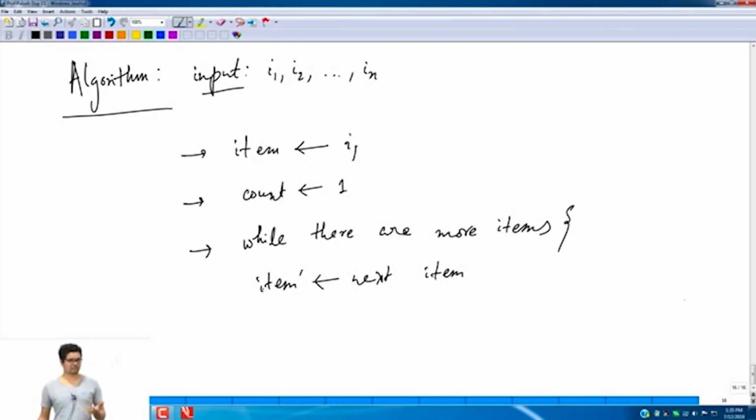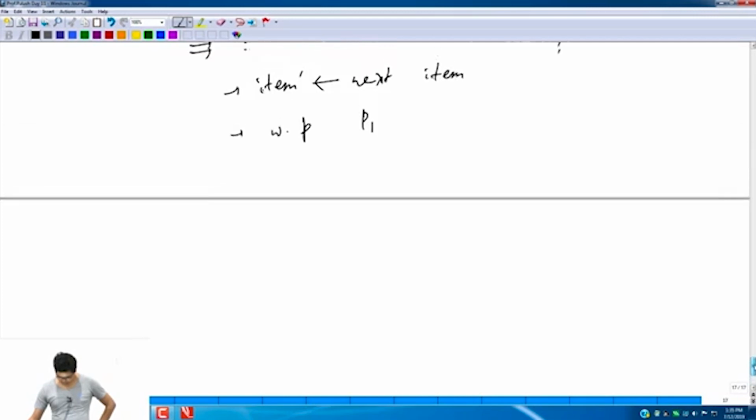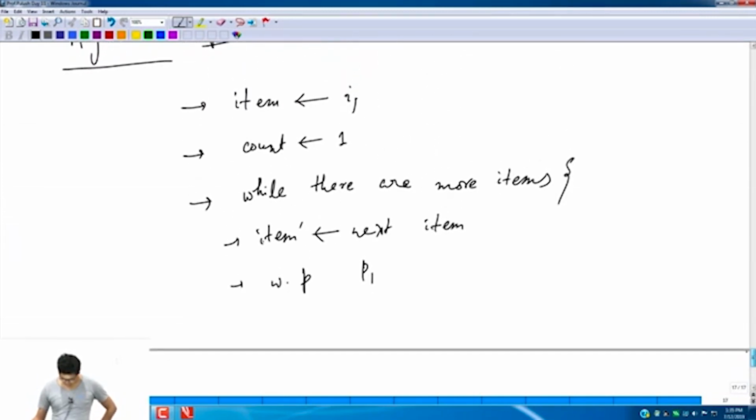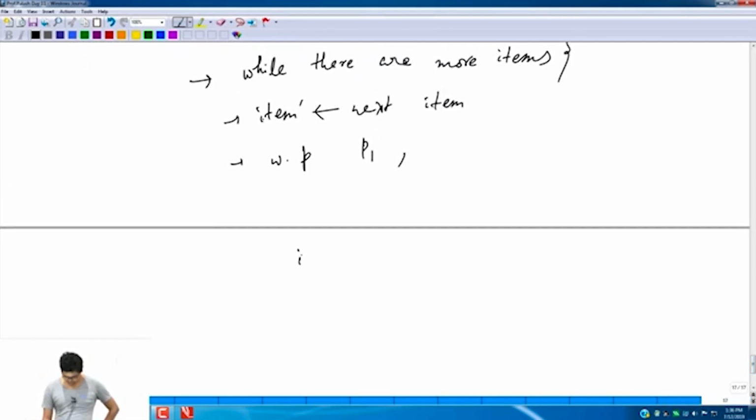So the next item I am storing in another variable item prime, and with probability P1, with probability P1 you replace, you override the item with item prime.